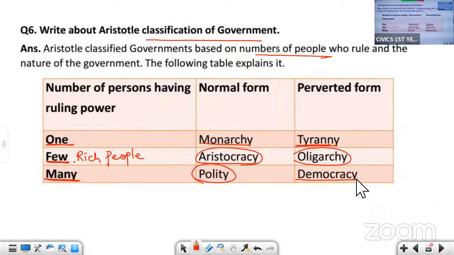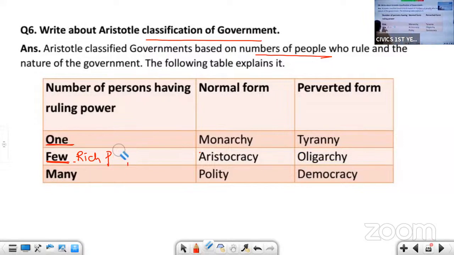Till they come into power, these representatives work for the people. Once they get the power, they forget about the people. Mostly it happens with politicians or political leaders. So that is the perverted form of many rulers. When you have many rulers, then it is democracy.